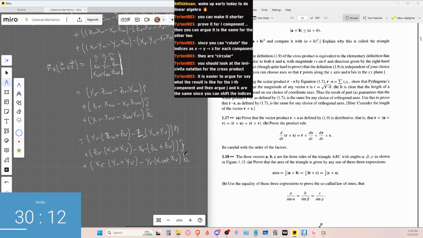They are circular. It's easier to argue to say that the results are the same since they shift indices.